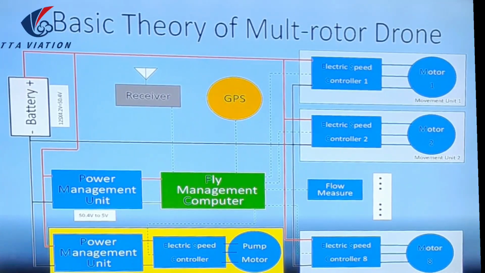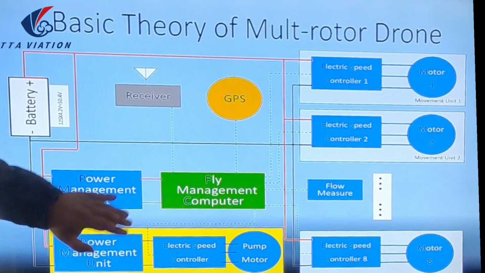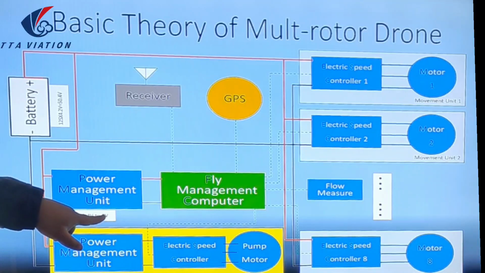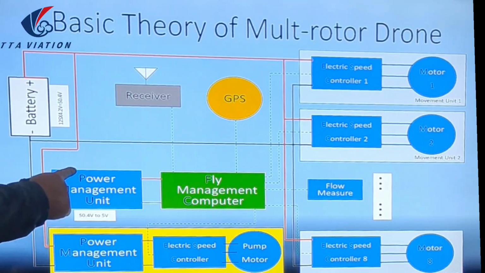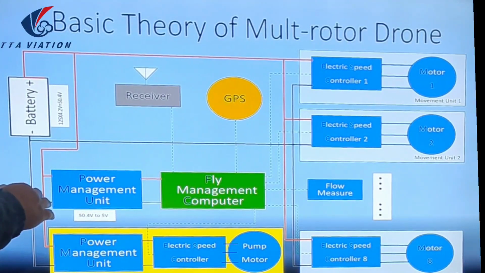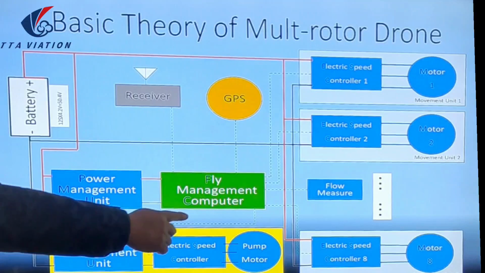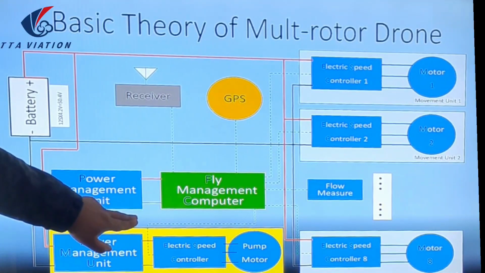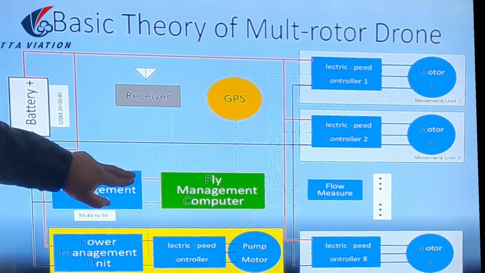By reading this device's operation manual, we know this device only needs 5 volts. So this PMU converts the battery voltage of 50.4 volts to 5 volts, the working voltage this device requires.